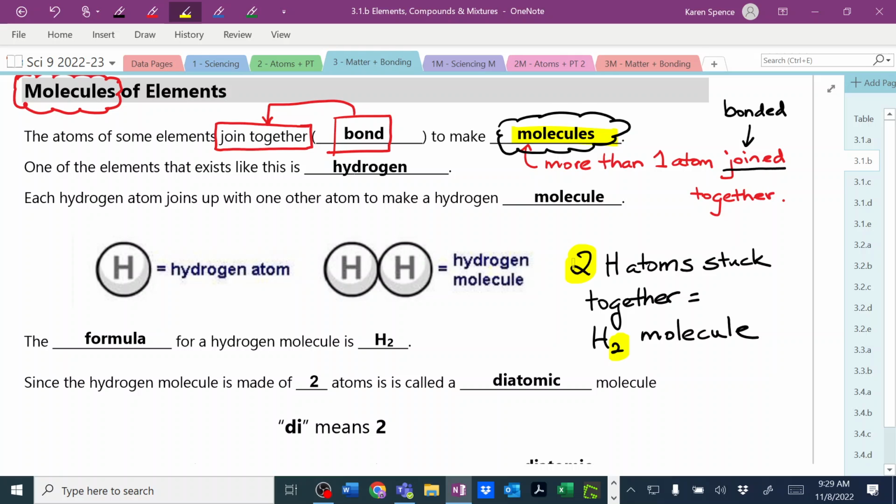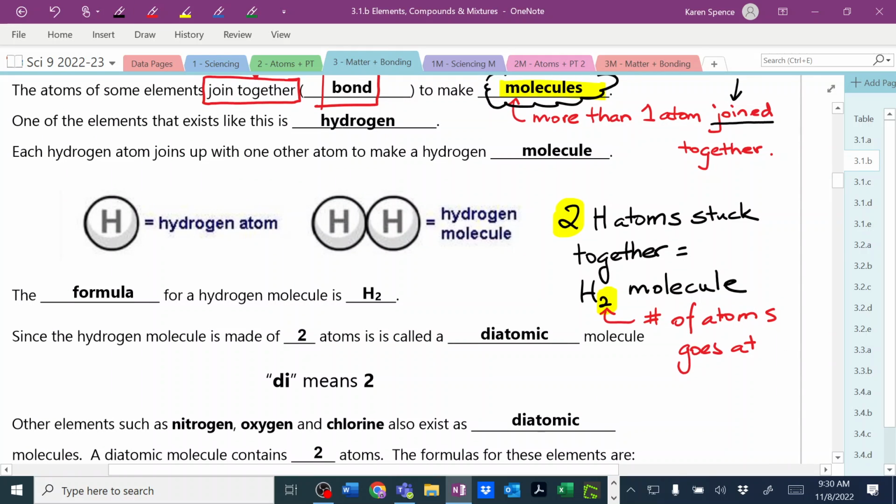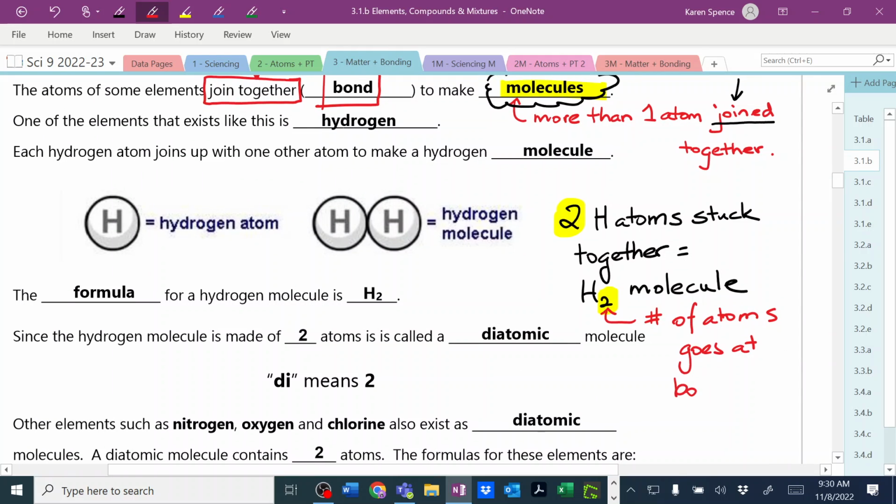Now, when we get into writing formulas for chemicals, the little numbers that tell you how many atoms go at the bottom right.